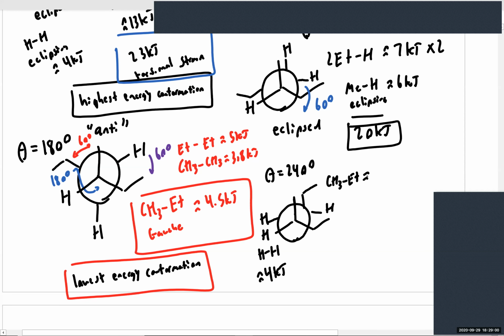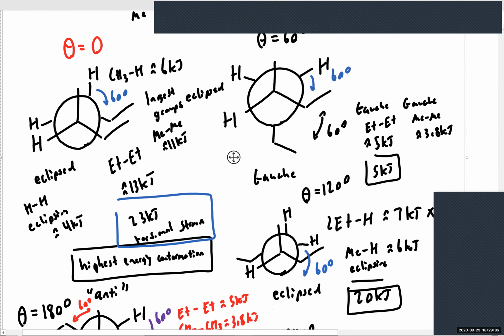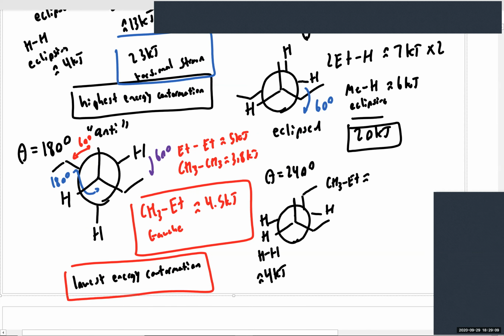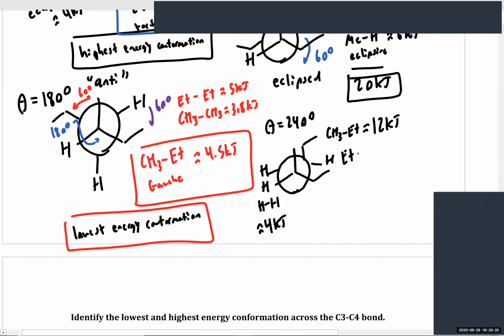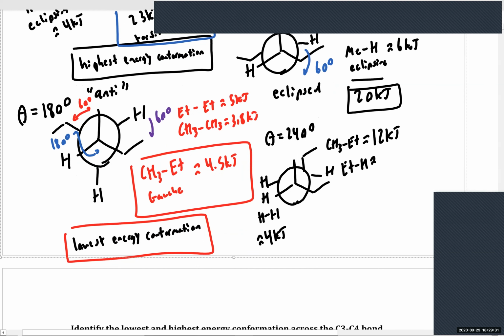I have a methyl-ethyl eclipsing interaction, which I would expect to cost us somewhere around 12 kilojoules. We have an ethyl-hydrogen eclipsing interaction, which costs us 7 kilojoules using our estimates. And that gives us 23 kilojoules total.